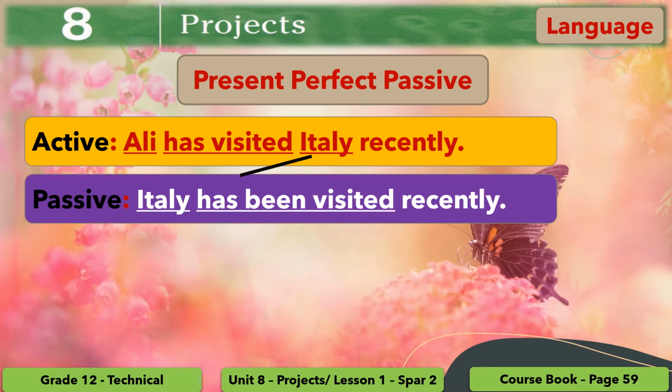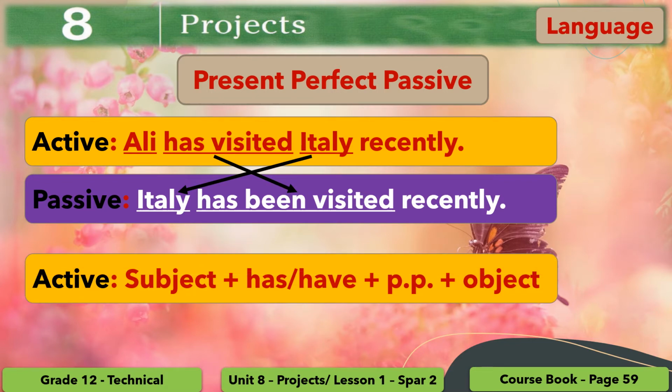As you can see, we started with the object, Italy, which became the subject of the new sentence, the sentence in the passive. Then we changed has visited into has been visited. So we add the word been, and we don't need the subject Ali anymore in the sentence.